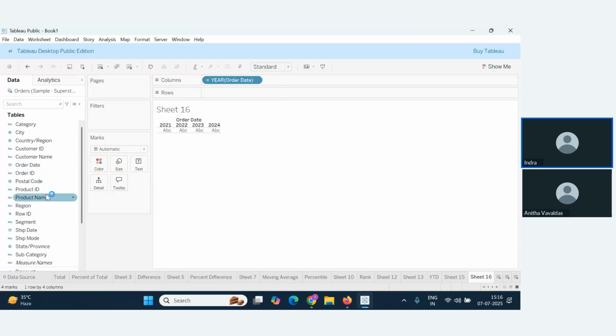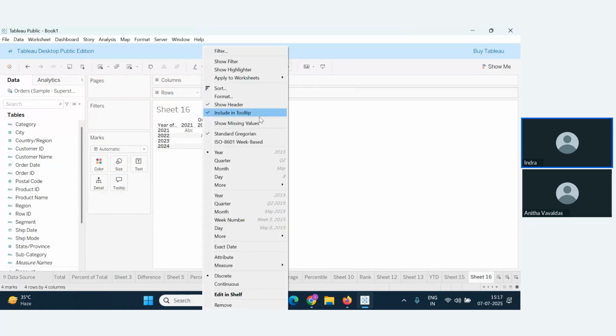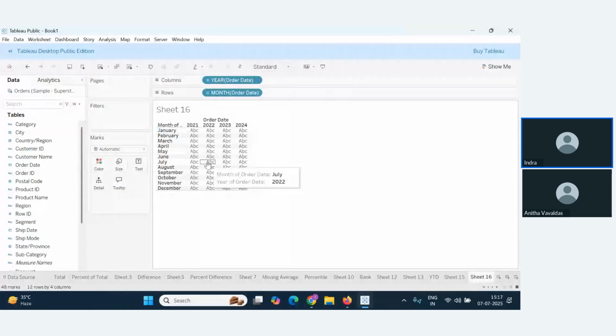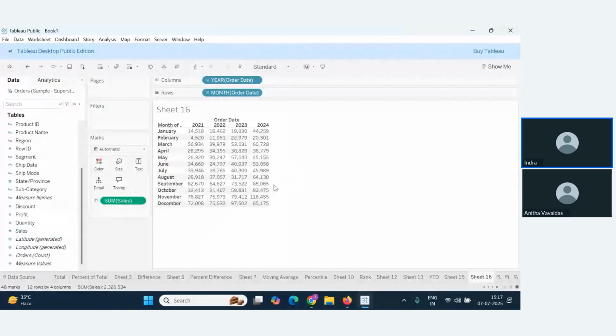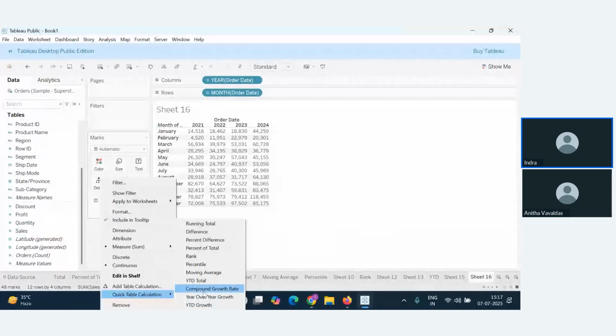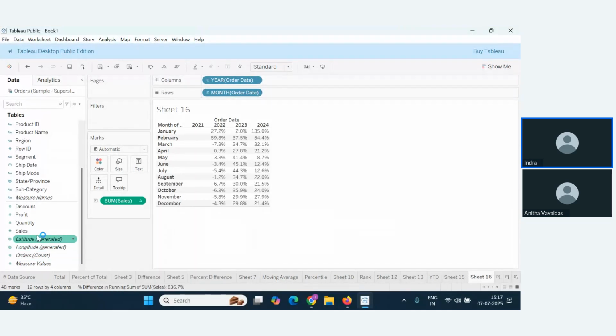Then we'll take order date once again, keep it here, and select month. So we have month and we have year. Now let's take the sales value, drop it here, click on this drop down and select YTD growth. Let me take the sales again and drop it here.